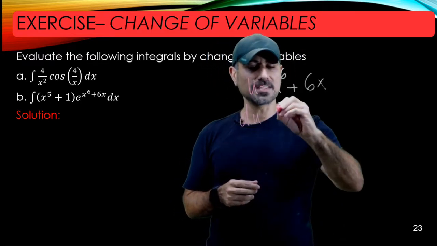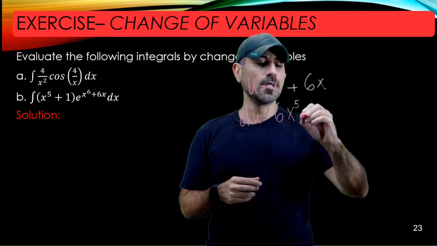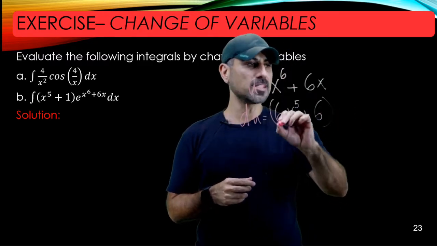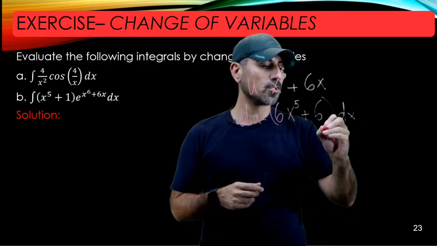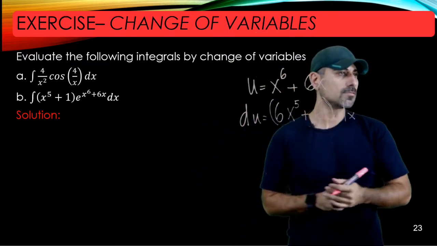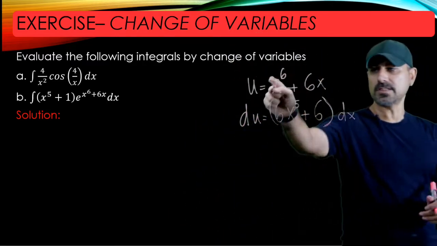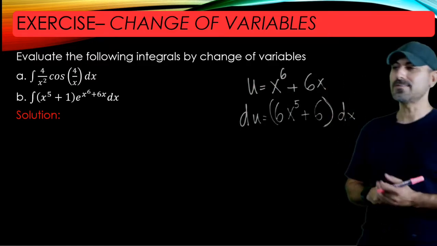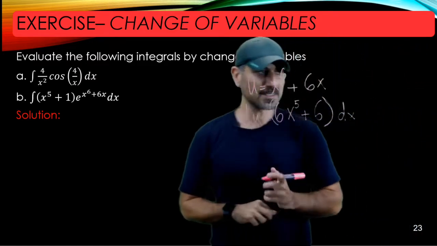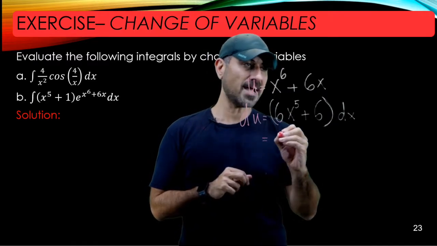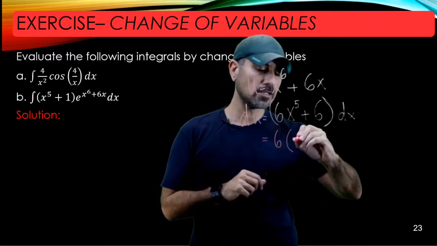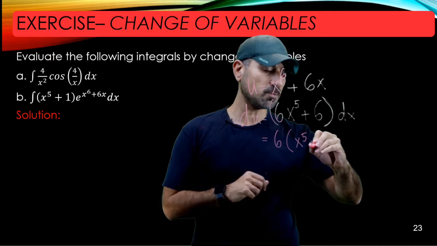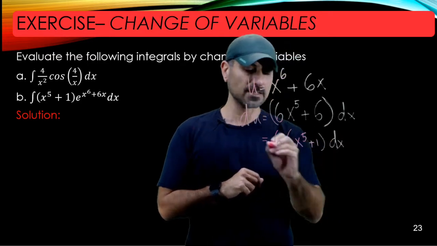du is going to be 6 times x to the fifth plus 6, by using the power rule for differentiation, right? So we put the exponent down, subtract 1 from the power, and do the same thing for this term here. So you have 6 times x to the fifth plus 6, but 6 is a common factor here, so why don't we pull that out? So I have 6 times x to the fifth plus 1 dx.